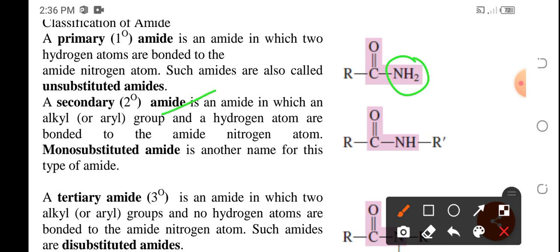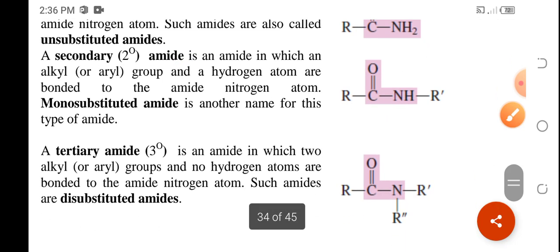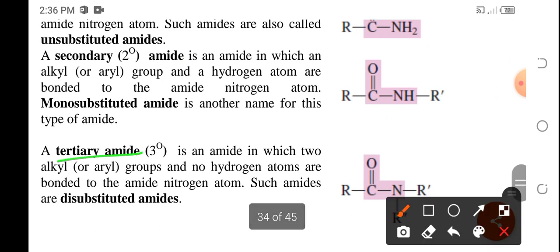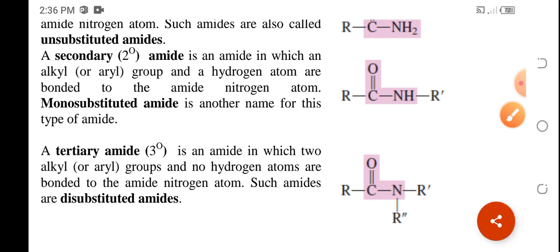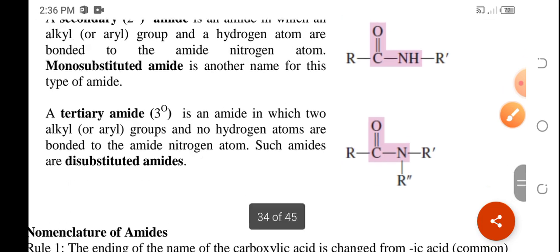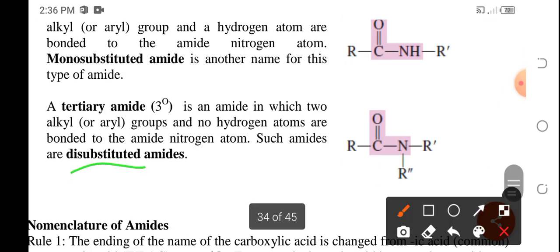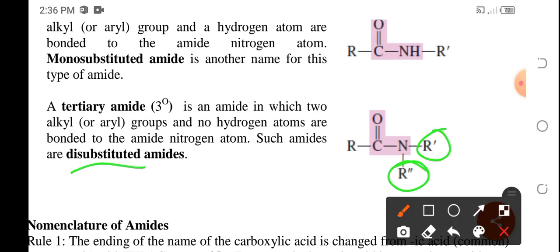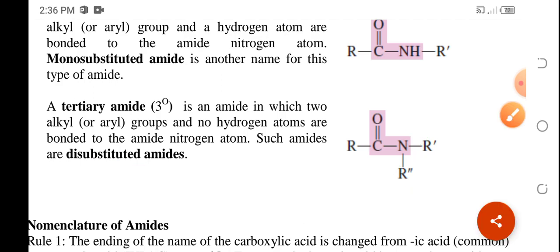For a secondary amide, the nitrogen will have 1 hydrogen. And for the tertiary amide, the nitrogen will no longer bear any hydrogen. Also, the tertiary amide is known as a disubstituted amide, because there are two substituents attached to the nitrogen.